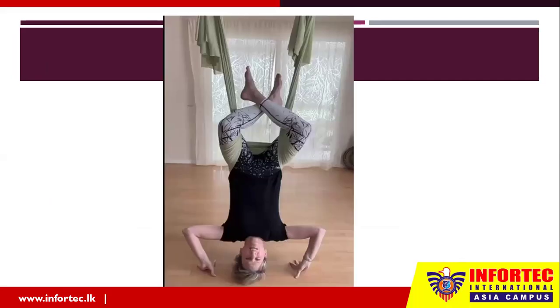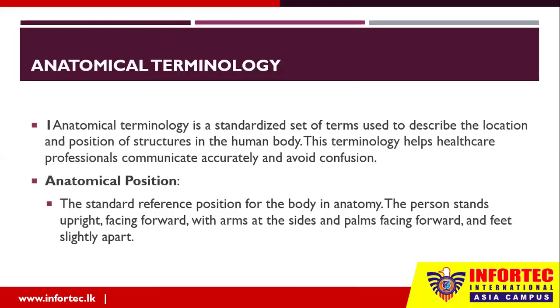Instead of this, in the anatomical position, a person should be standing in an upright position. He or she should face forward, then arms should be at the sides and palms should face forward, right? His or her feet should be flat on the floor, slightly apart.